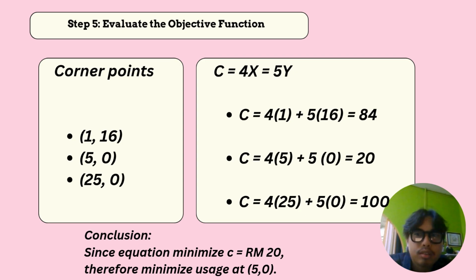So to minimize the cost, the company should produce 5 units of product A and 0 units of product B. So the conclusion is: minimum C equals RM20, at the corner point (5, 0). That's it. Thank you.